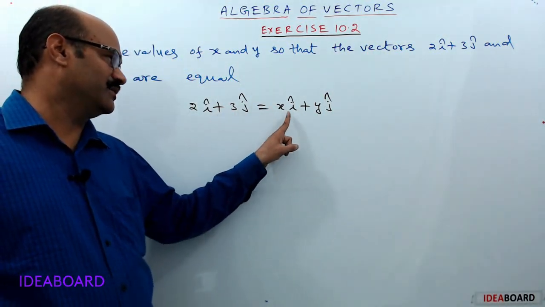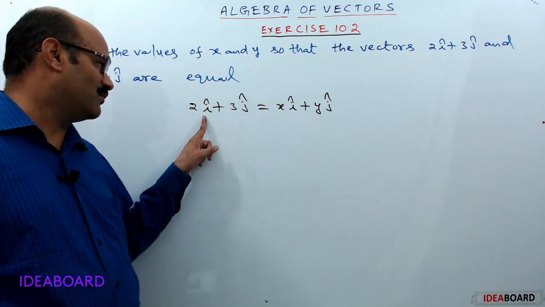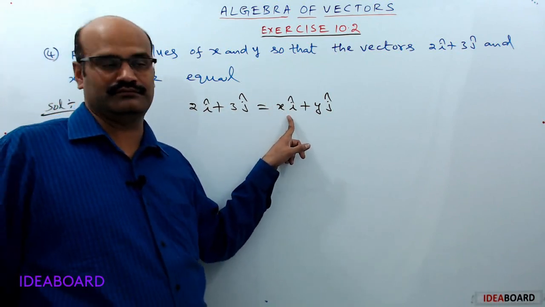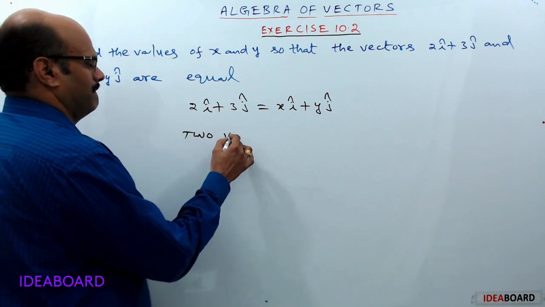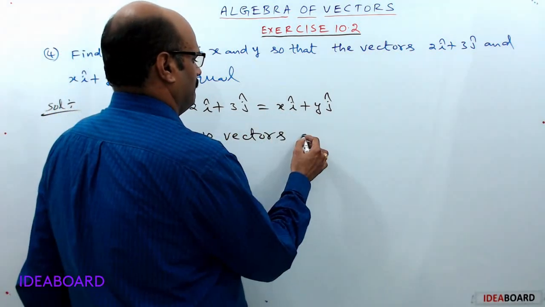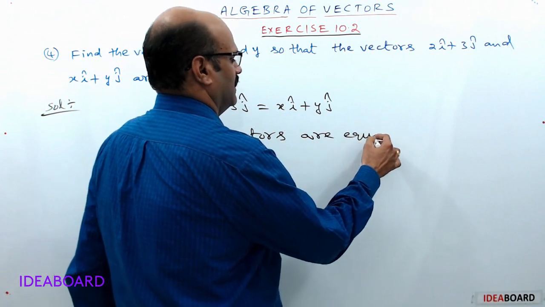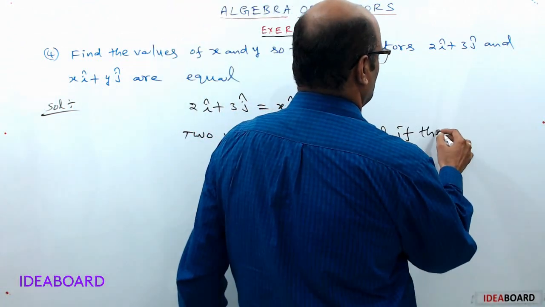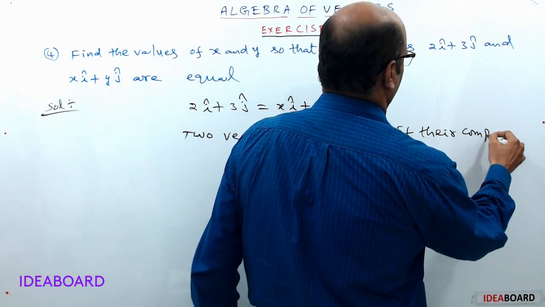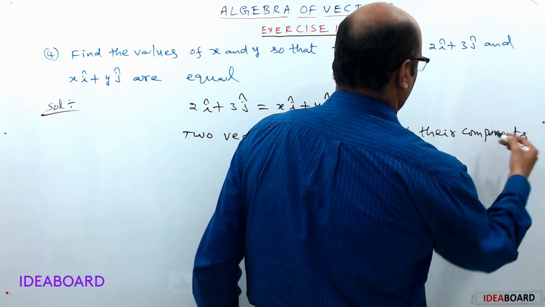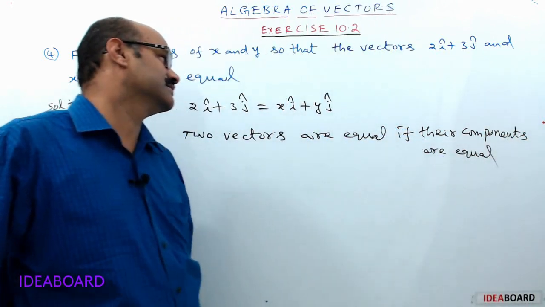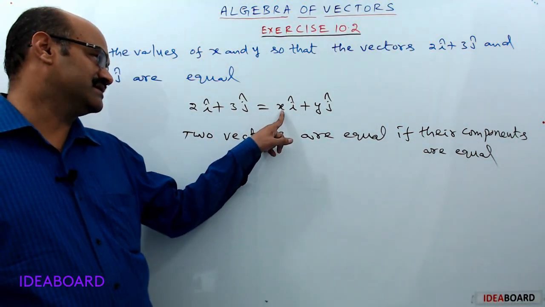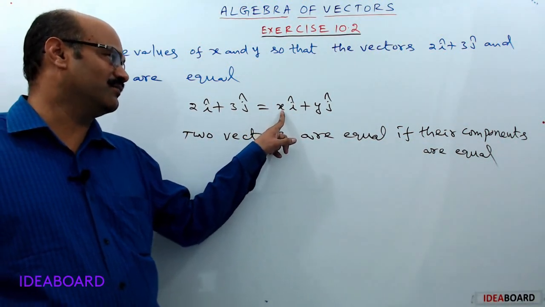Two vectors are said to be equal if their components are equal. It implies, in the second vector, what are the scalar components?